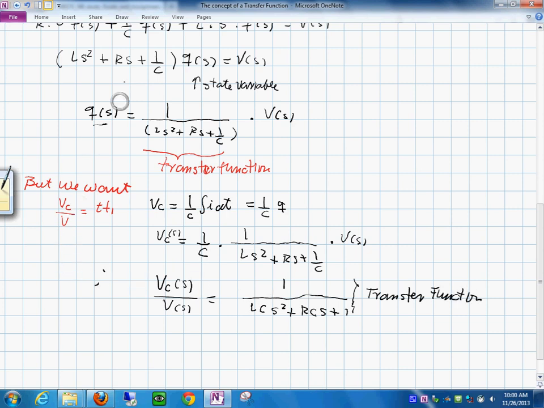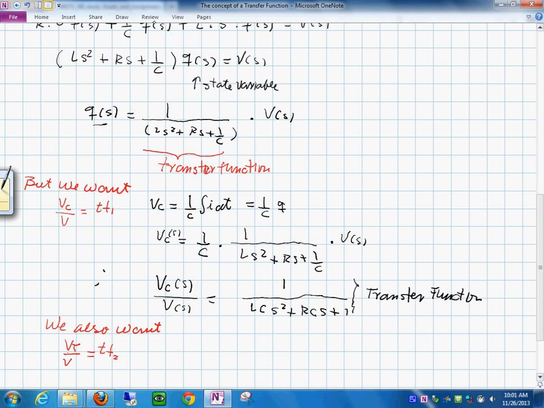What about the other one? Let me also write it in here. We also want the voltage V sub L divided by V equals transfer function 2.